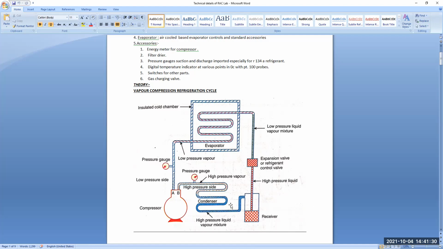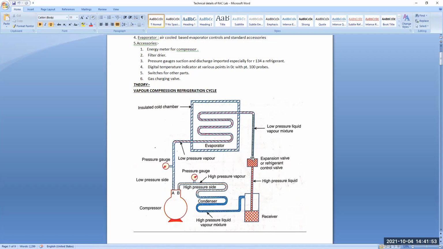There is another problem. The refrigerant is in a liquid state in a certain portion of the system, and in a gaseous state in another portion.